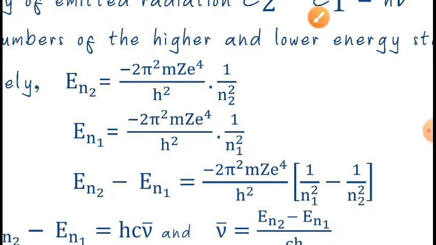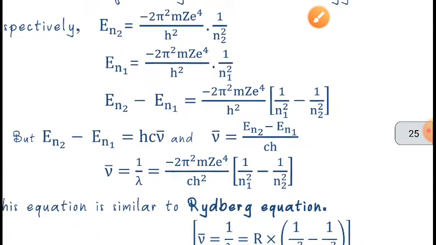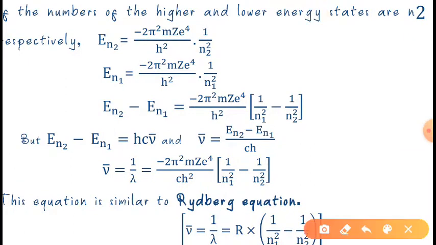Now by subtracting these equations, E2 minus E1, we get this value.